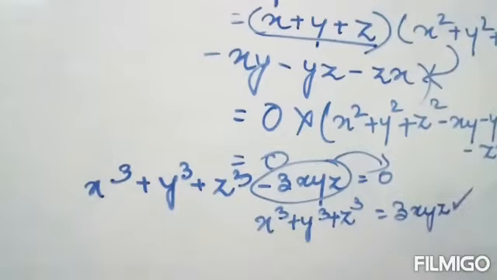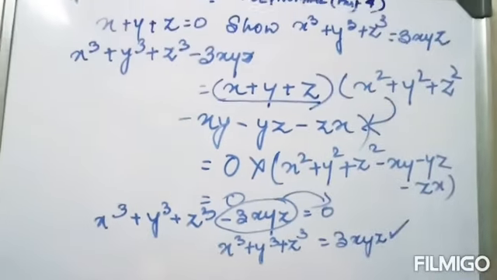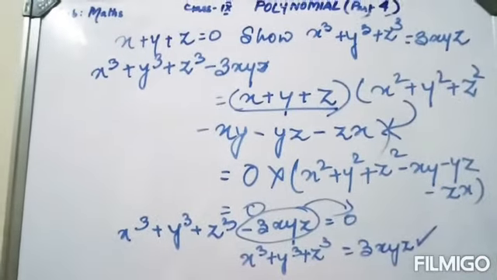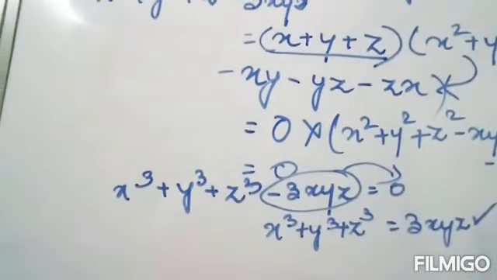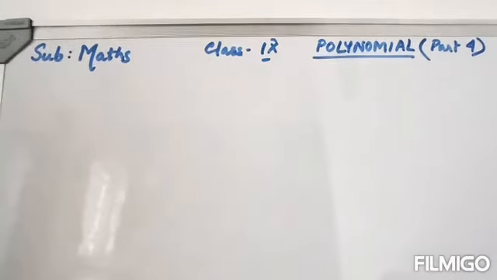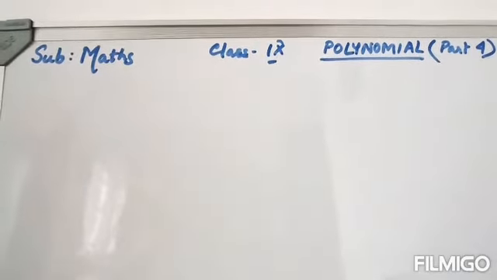Hence it is proved. This is how you solve using this identity. So we'll see more types of problems on factorization.